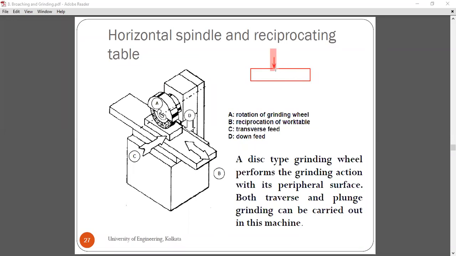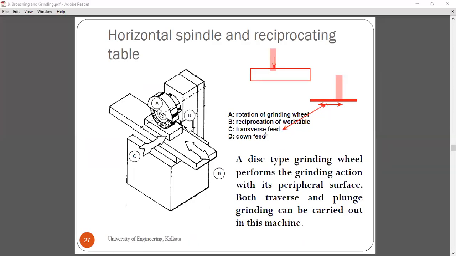However, if it is just on the surface, I'll again draw it for you. Suppose this is your grinding wheel, and the workpiece I'm talking about, suppose this is the workpiece. If the motion is given to the workpiece while the grinding wheel is fixed, then this is called traverse feed.